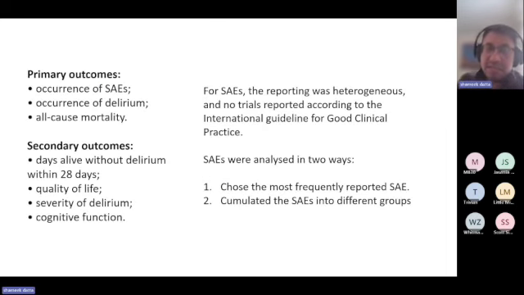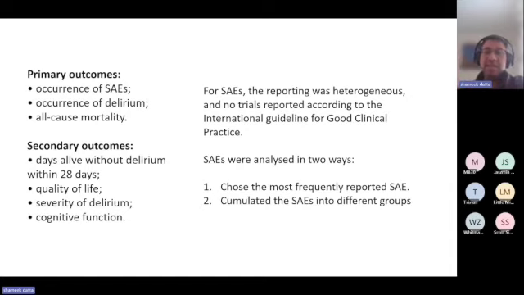The outcomes that they were looking for, the primary ones, were the occurrence of serious adverse events, occurrence of delirium, and all-cause mortality. Secondary outcomes were days alive without delirium within 28 days, quality of life, severity of delirium, and cognitive function. They also did a reporting on the serious adverse events.